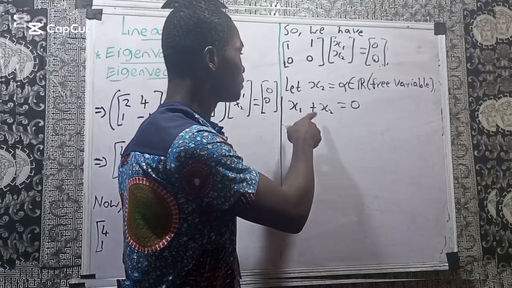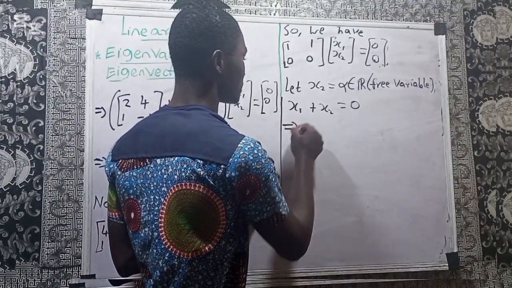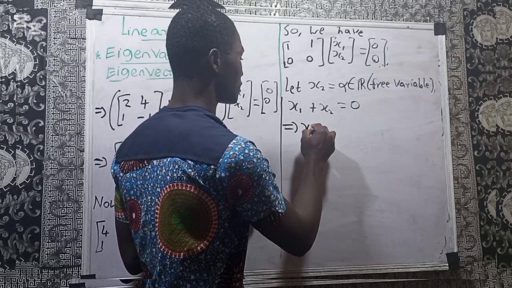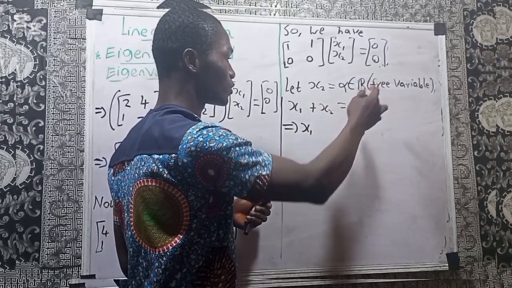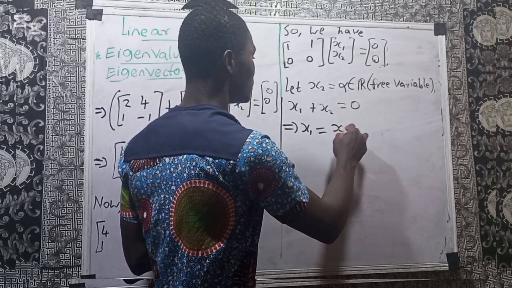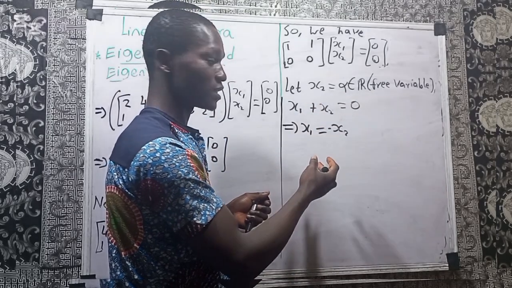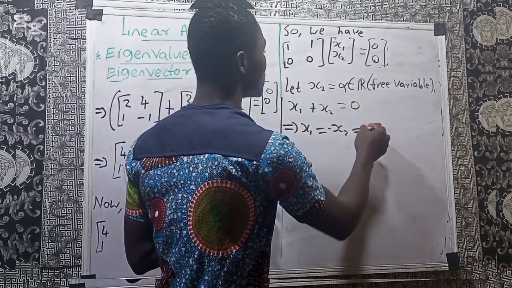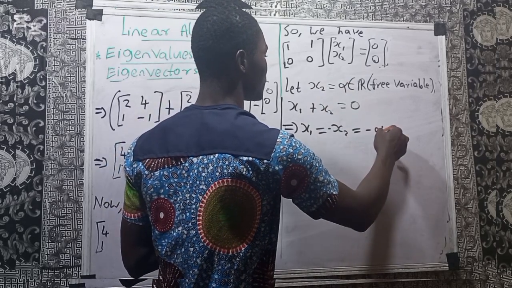So x1 plus x2 equals 0. This implies that x1 will be equal to negative x2, because if you move positive x2 to the right, it changes to negative. What is your x2? x2 is alpha, so x1 will be equal to negative alpha.